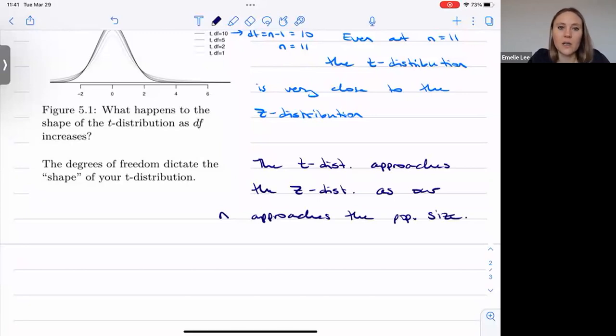For us, in order to use the t distribution, I need to know the degrees of freedom, but the degrees of freedom here is just n minus 1. And so what I want to do is look at the t table, which we've already seen.